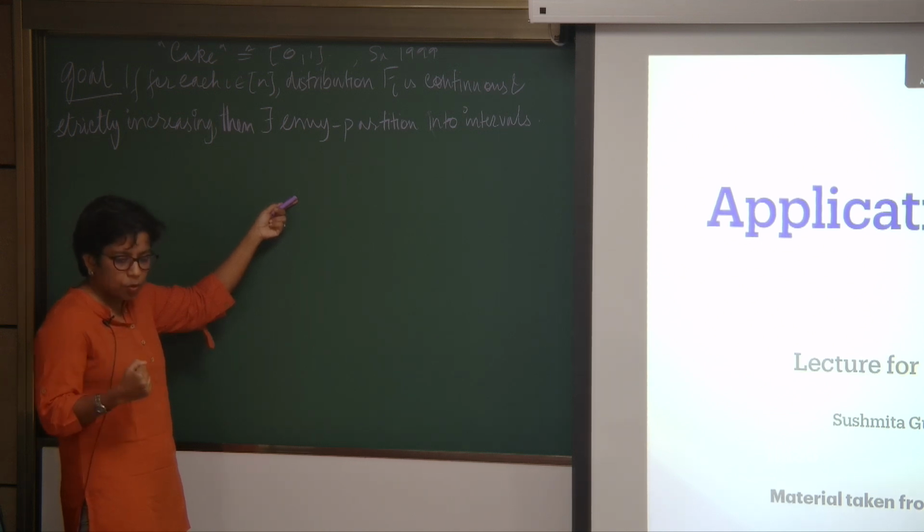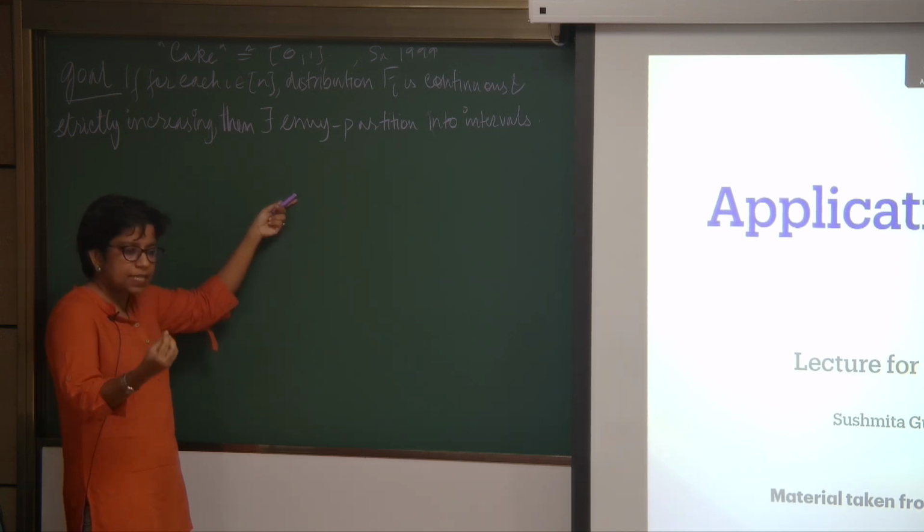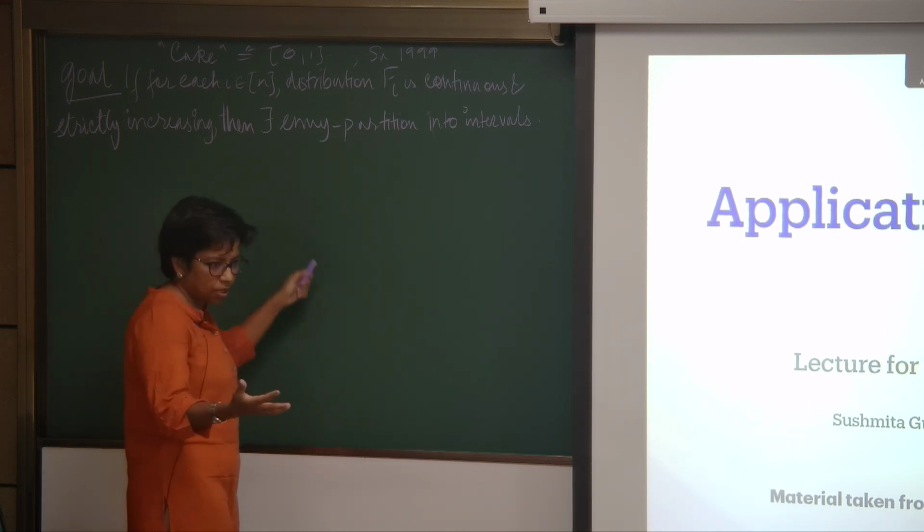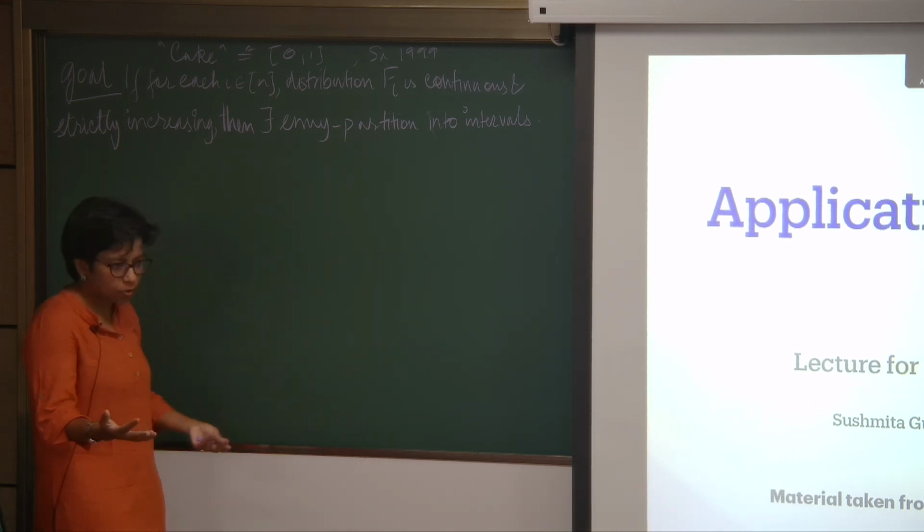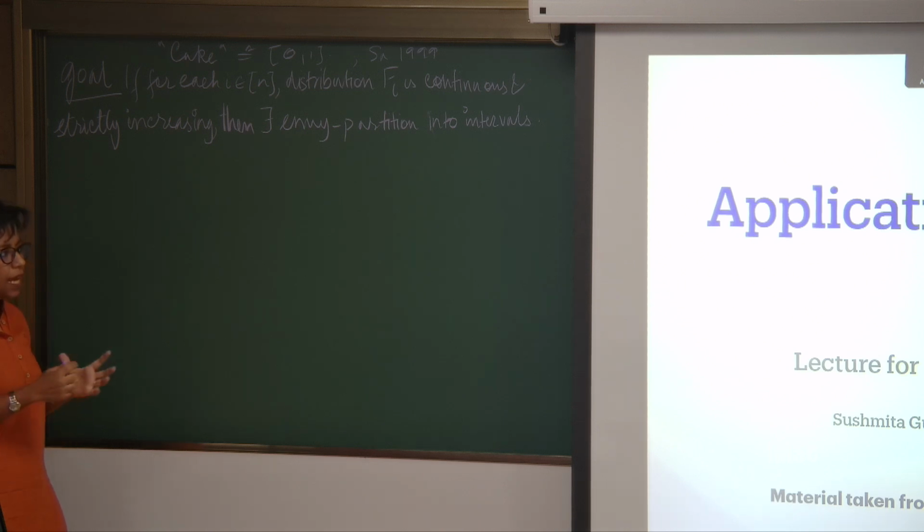Those nice coloring properties allow us to assign a piece of that partition to a particular player, okay, in a way that basically bounds the envy to epsilon. That is the main outline.